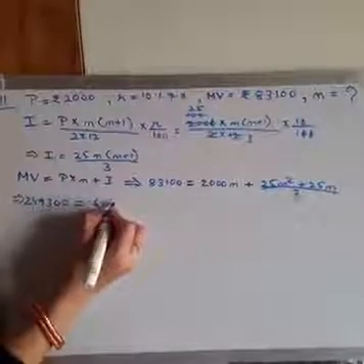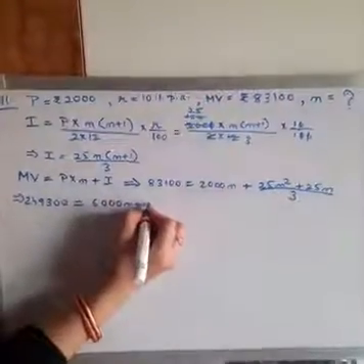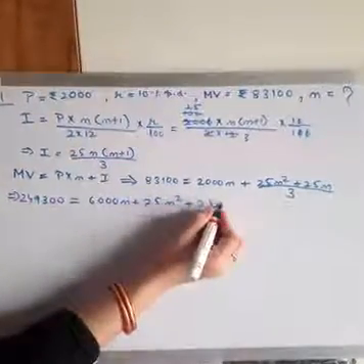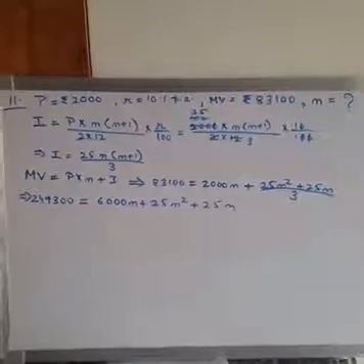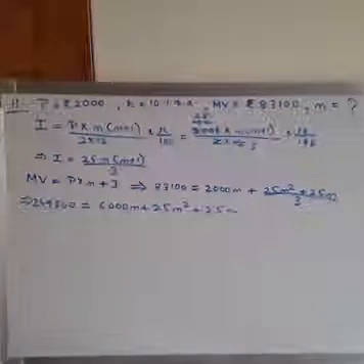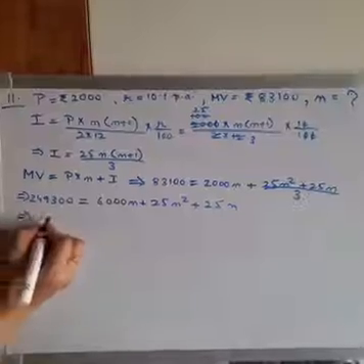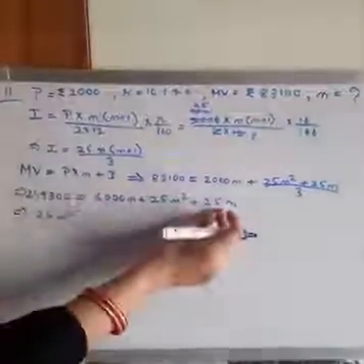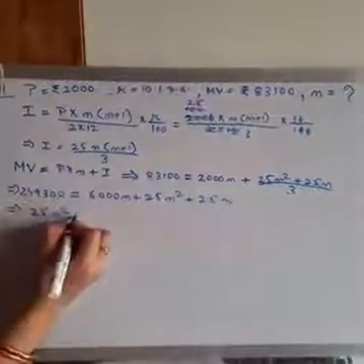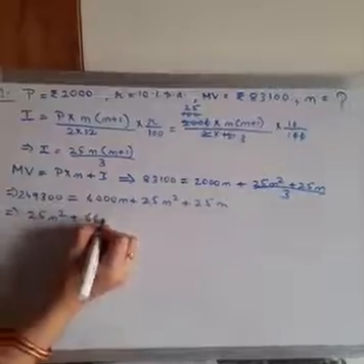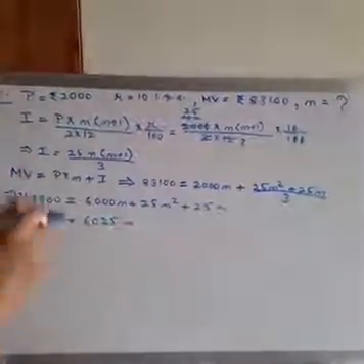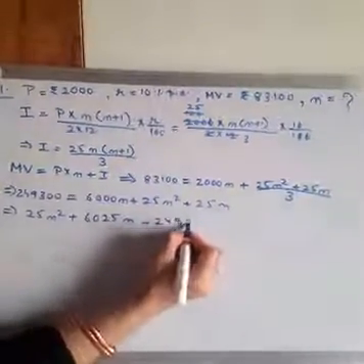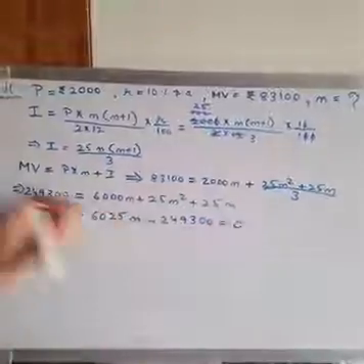That means 6,000N plus 25N square plus 25N. Okay, now let's write this in a more simplified form. So this can be written as 25N square, 6,000 plus 25 is 6,025, so plus 6,025N. This term taken to the other side will be subtracted, minus 249,300. This is equal to 0.